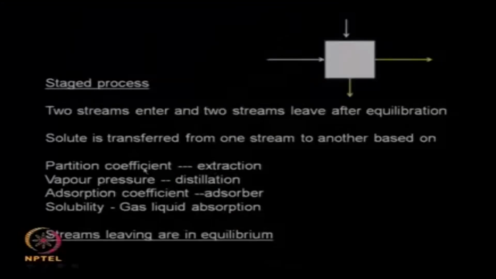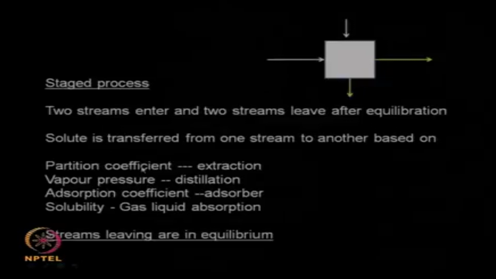And number 2, each of the stage processes will have certain constants describing the principle under which it works. Like in extraction you will have something called a partition coefficient, which is almost similar to a linear adsorption isotherm.